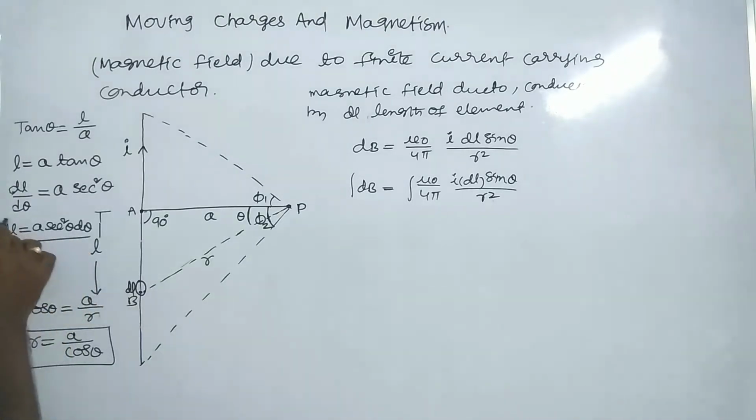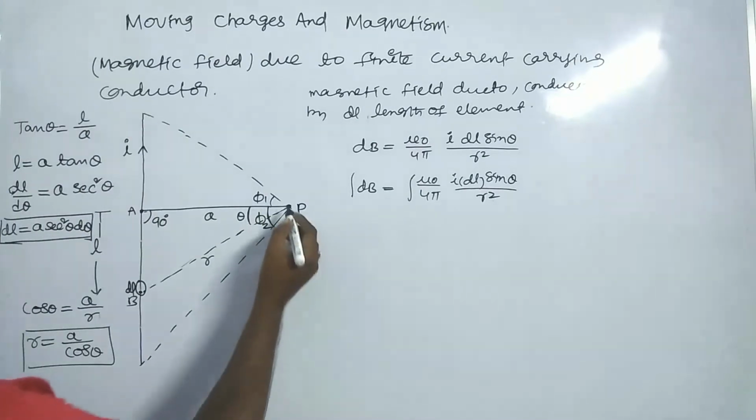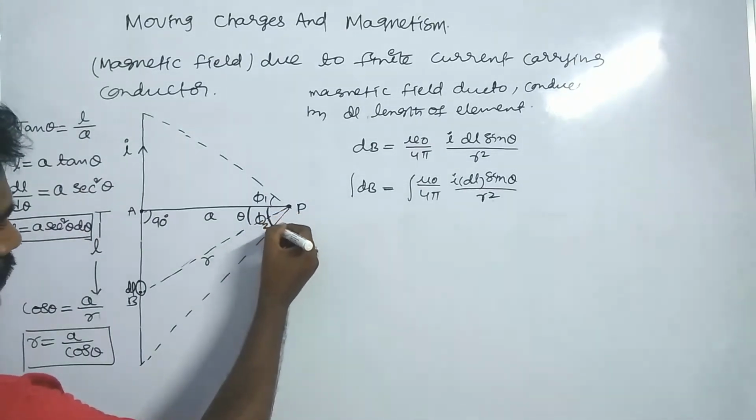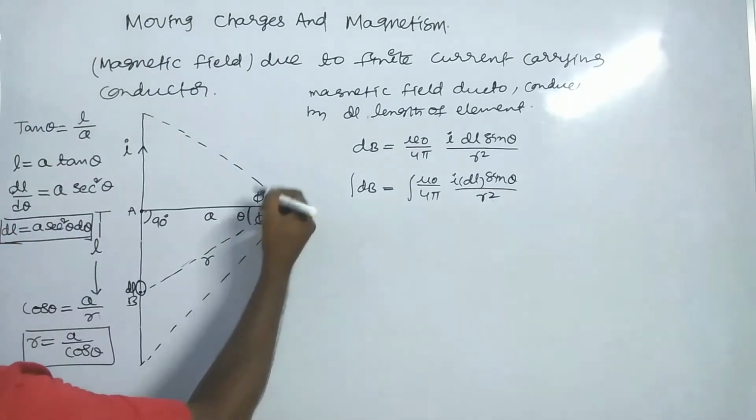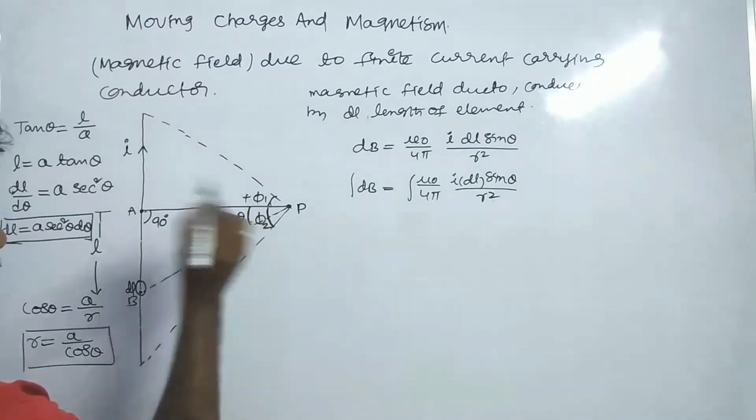So let us substitute all the values in this equation. You have to find the limits also. This is one of the limits and this is the other limit. On the upper side you have to take the positive sign, on the lower side you have to take the negative sign.